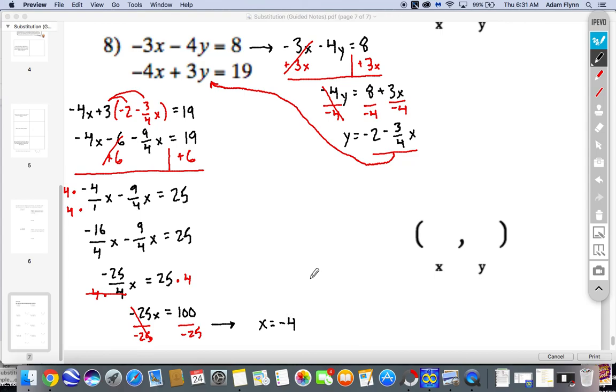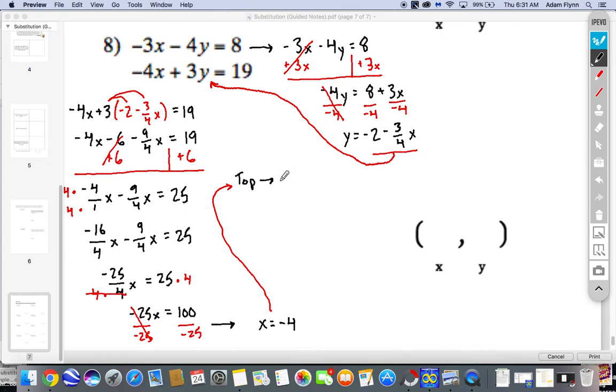Okay? So now I need to pick either the top or bottom equation and plug negative 4 in for x. So I am going to do the top equation this time. So just for continuity's sake, our journey continues up here. I like to put a lot of arrows so people can kind of follow the flow of my work.